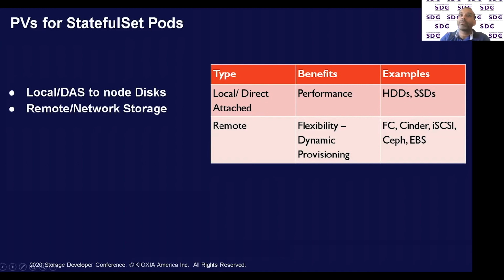For example, if a container or a pod moves from one worker node to another in Kubernetes, storage can travel with it. If storage was local, then it cannot travel. Examples of local storage are hard drives, SSDs. Examples of remote storage are fiber channel, iSCSI, EBS, and all that.